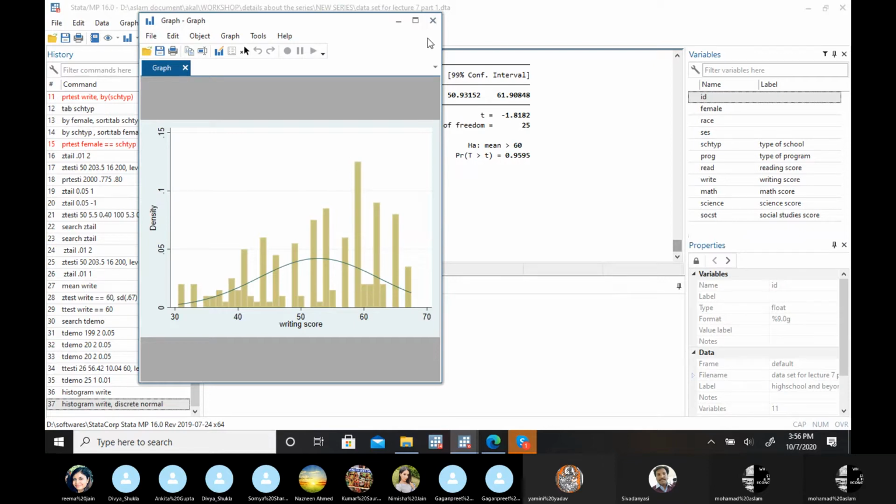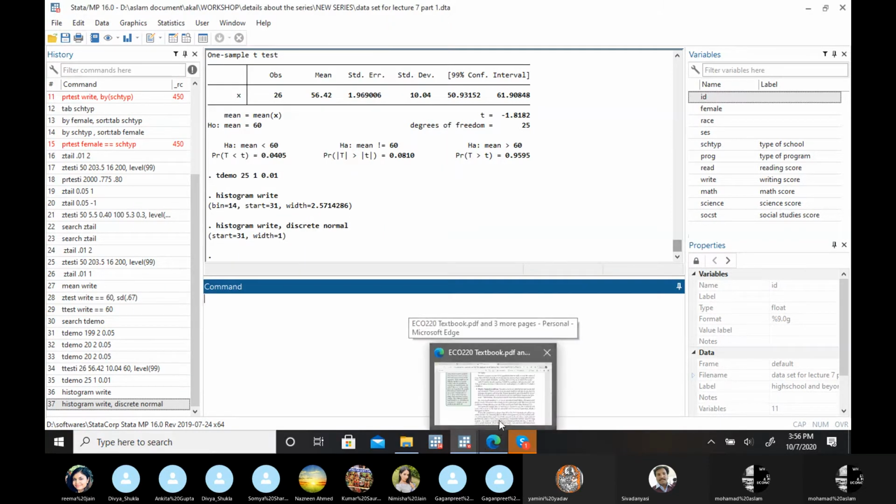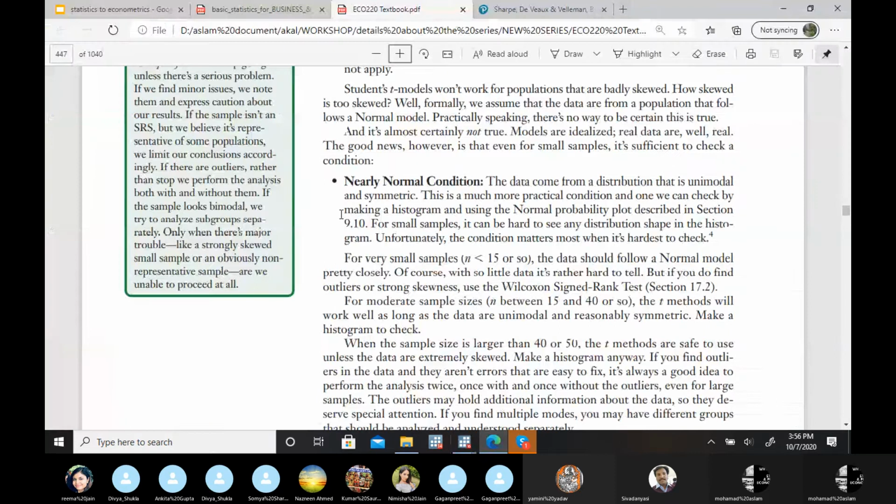So you can go with the normal probability plot or skewness-kurtosis hypothesis testing for a normality check. Before applying the t-distribution, you can cross-check whether your data is normally distributed or not.